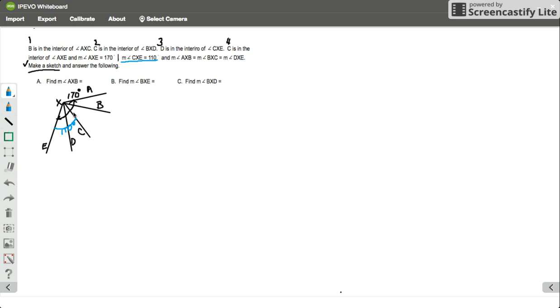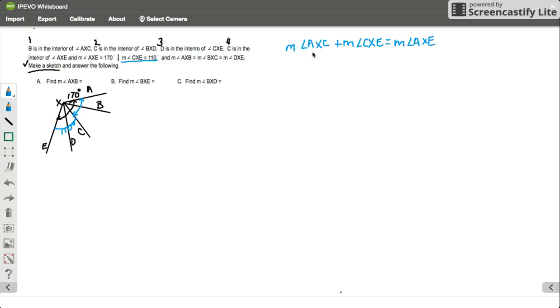We can now use our angle addition postulate to find the measure of angle AXC. So if we go over here and use the angle addition postulate, the sum of the parts equals the whole. So the measure of angle AXC plus the measure of angle CXE will have to equal the measure of the entire angle AXE.